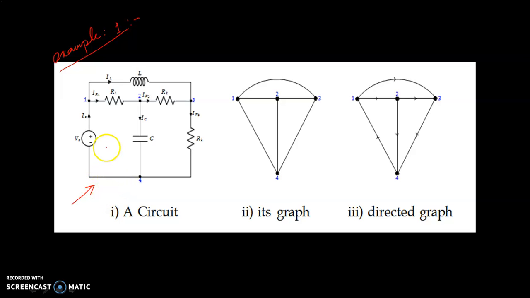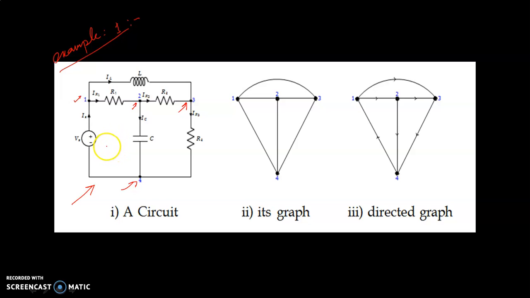This blue numbered is your node 1, 2, 3 and 4. These are nodes, and all the nodes are connected with each other with the given elements.